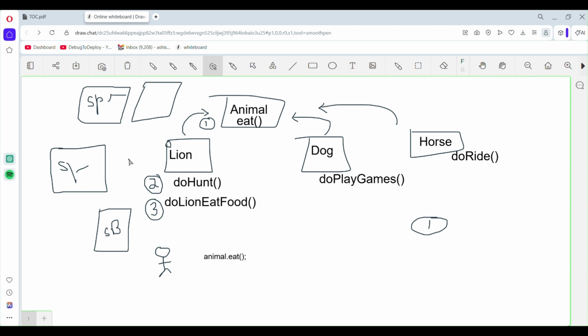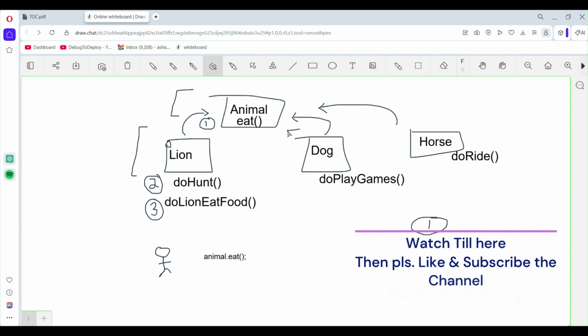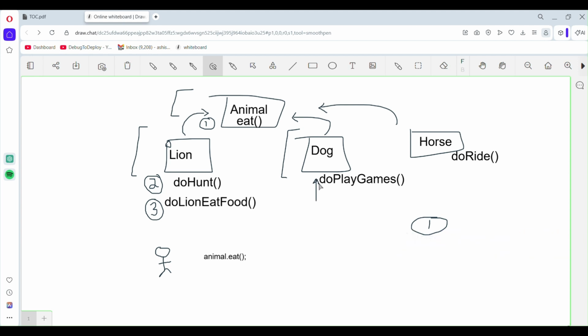So it is basically the bigger concept, inheritance. That's why I'm calling it building a behavior hierarchy. One set of behavior and then the second set of behavior, and parallelly another set of behavior also exists.